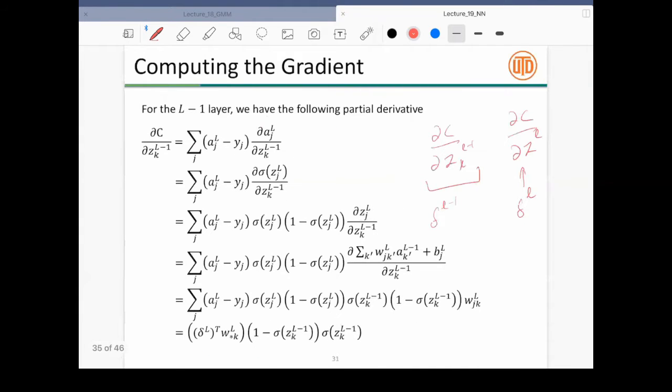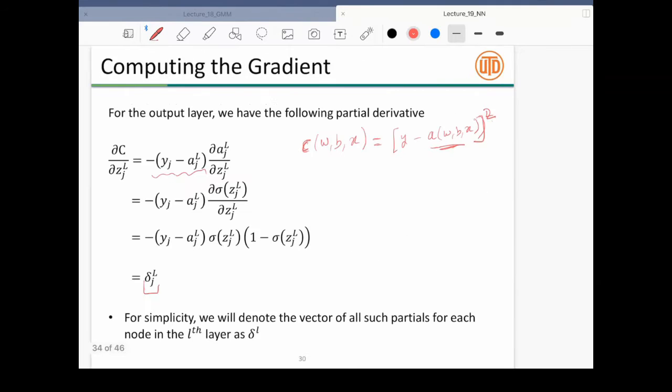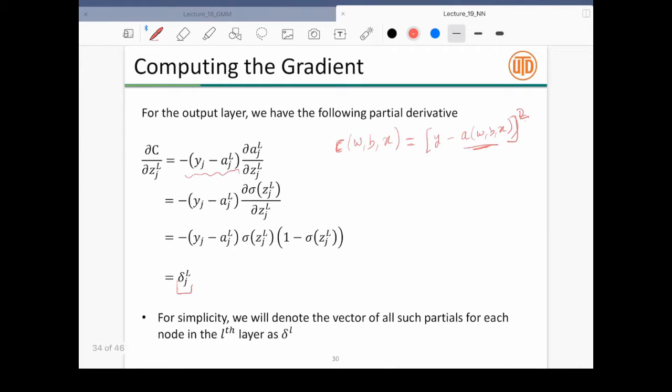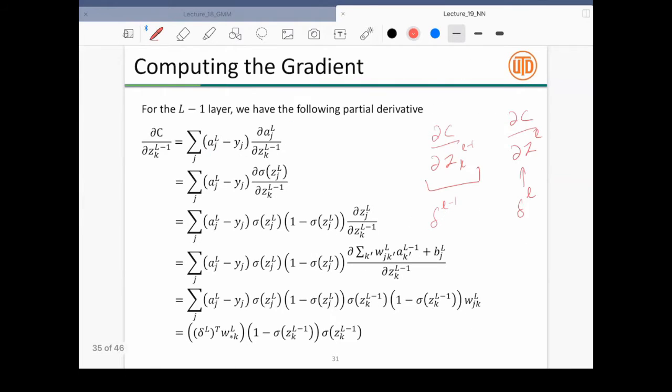Then we substitute back the gradient: we replace a_j^L with a sigmoid of z. Then we have this expression, which is what we saw till last time: minus (y minus a) multiplied by the two sigmoids.